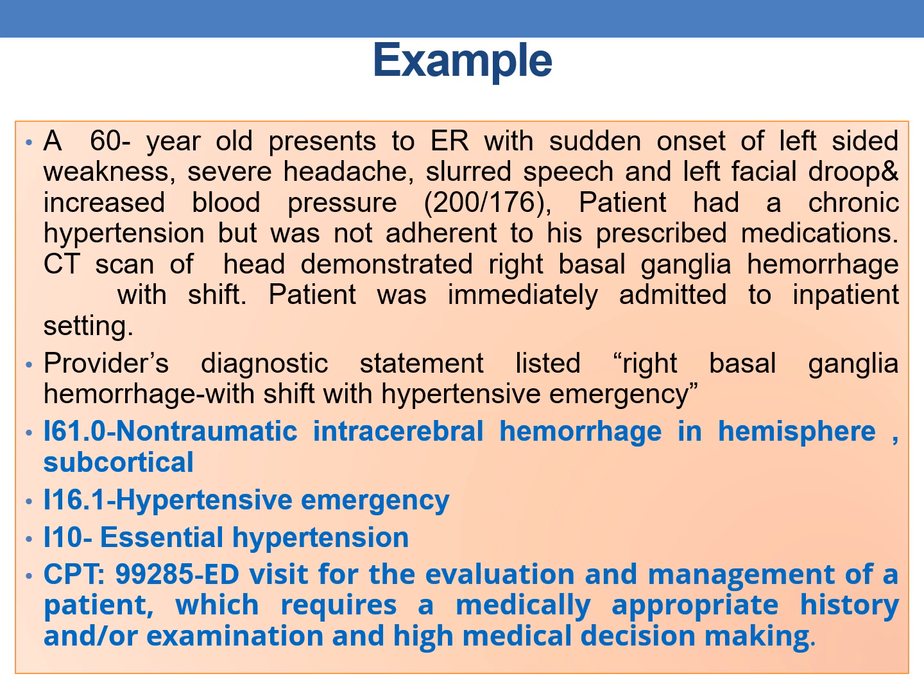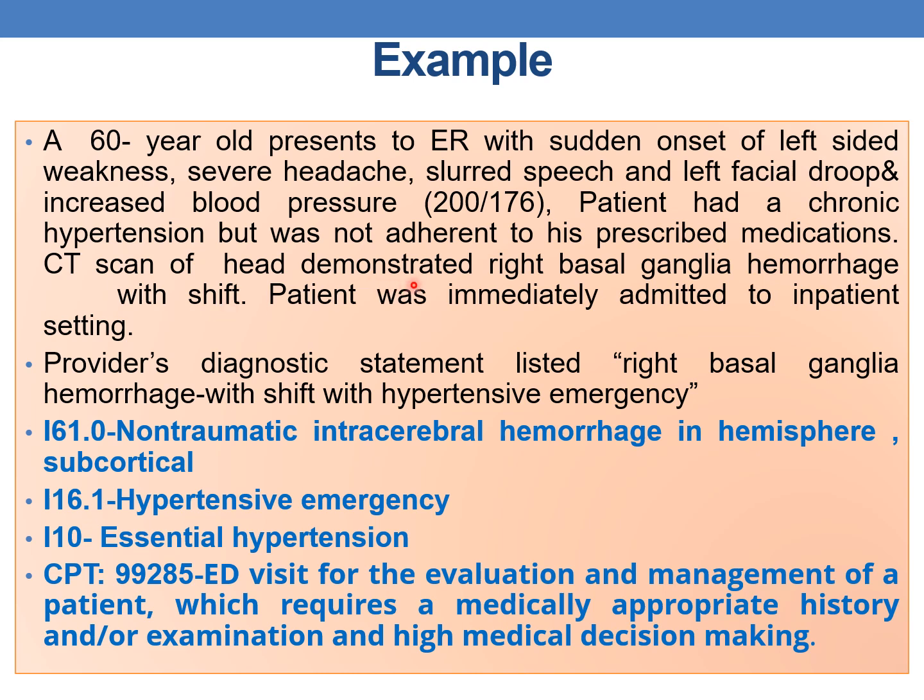A 60-year-old presents to the ER with sudden onset of left-sided weakness, severe headache, slurred speech, left facial droop, and increased blood pressure. The readings are 200 by 176. Patient had chronic hypertension but was not adherent to his prescribed medications.